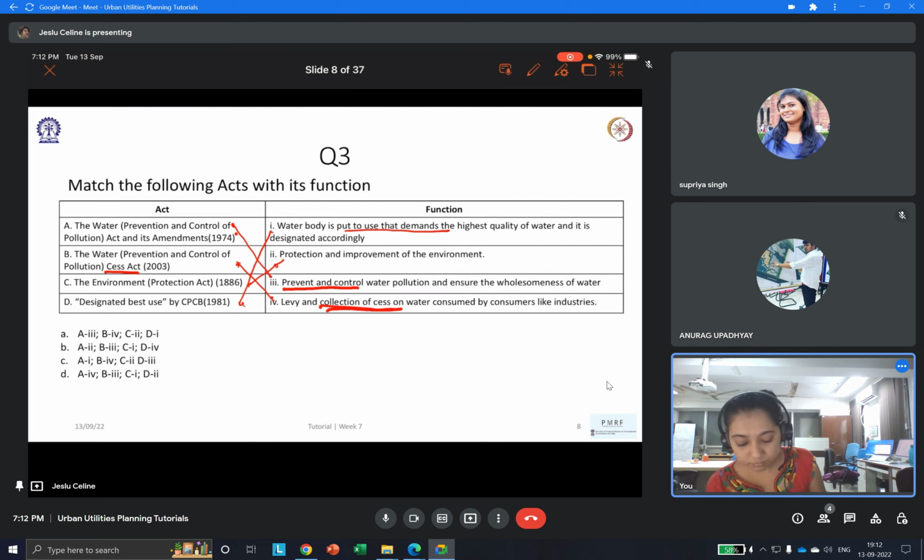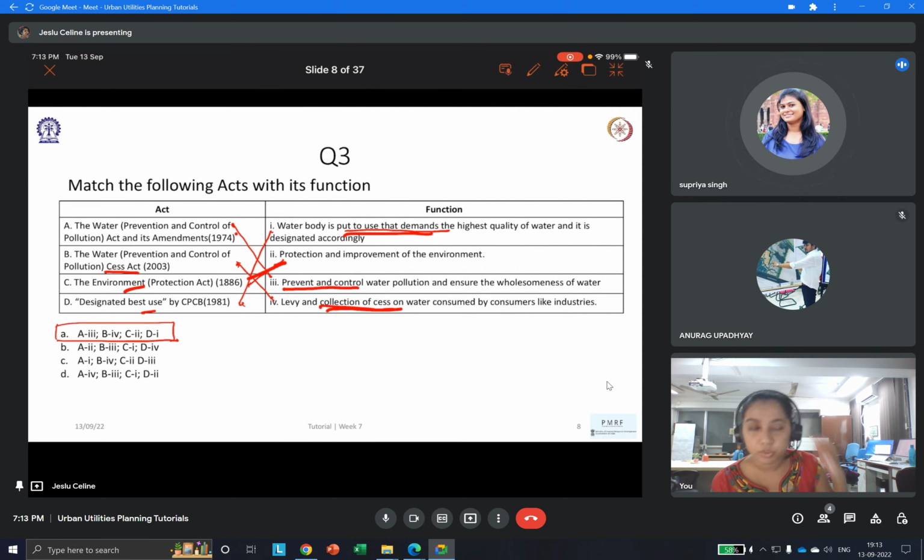And this is environment protection, so you protect the environment, and designated best use, you're giving it to the best use. Right, option A would be the correct one. So this was actually an easy question. Supriya, you want to say something? No, okay, sorry, I thought you were saying something. If there are no doubts in this question, we'll proceed further.